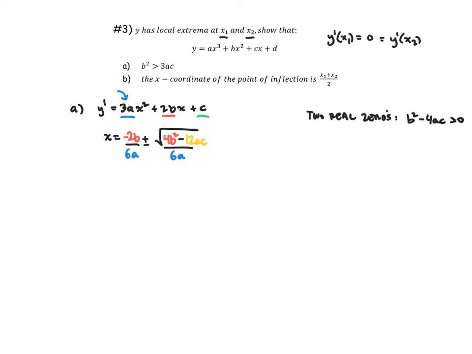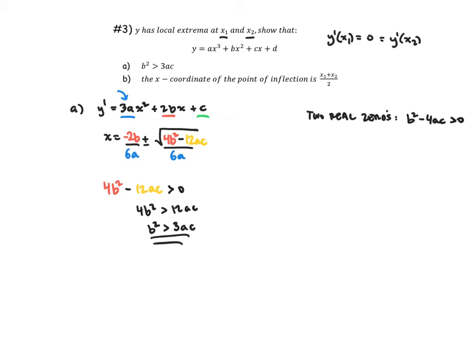So what that means for us in this part is that 4b squared minus 12ac must be greater than 0. And I'm not going to continue this color scheme, but what you'll see then is that 4b squared is greater than 12ac, and if I divide both sides by 4, I get b squared greater than 3ac. Look at that. That is some cool stuff.